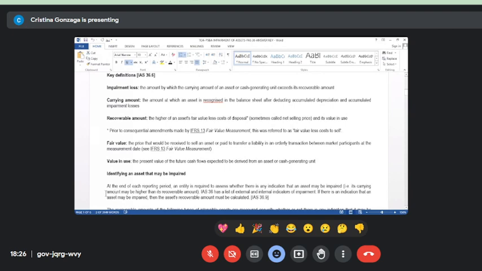Now, when you say value in use, it is the present value of the future cash flows expected to be derived from an asset or cash generating unit. Pag sinabi natin cash generating unit, it is the smallest group of assets that generate revenue, or of course, generate cash for the business.